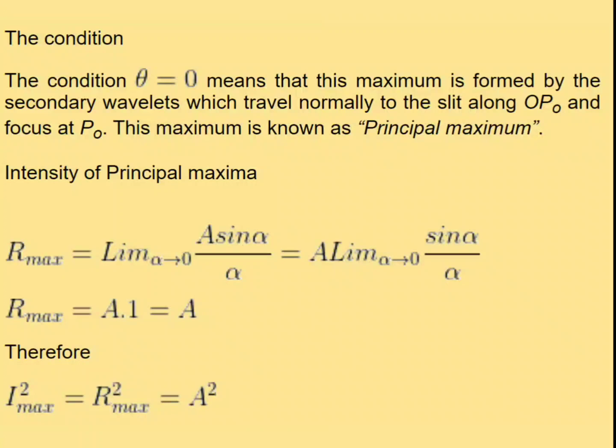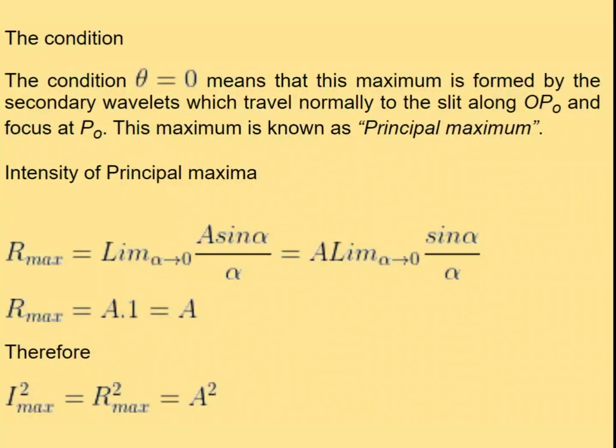So a very important point is, when you substitute the value of alpha as 0, the resultant amplitude value is 0 by 0. Without applying the limit, it is not defined. But with the help of mathematics, there is a limits concept. Based on this limit property, this value is calculated as limit alpha tends to 0 sin alpha by alpha.